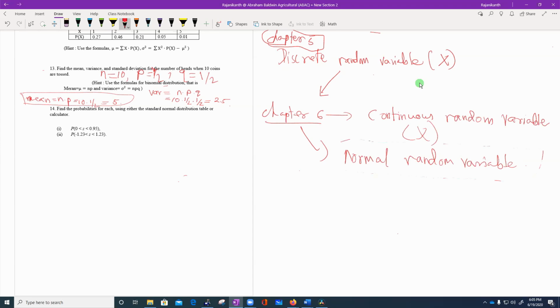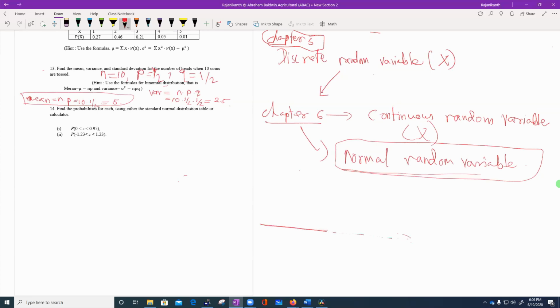There are some properties for a normal random variable, right? If you find the distribution of a normal random variable, remember we studied the histogram and skewed distributions: right skewed, left skewed, symmetric. The normal random variable always has this kind of property.